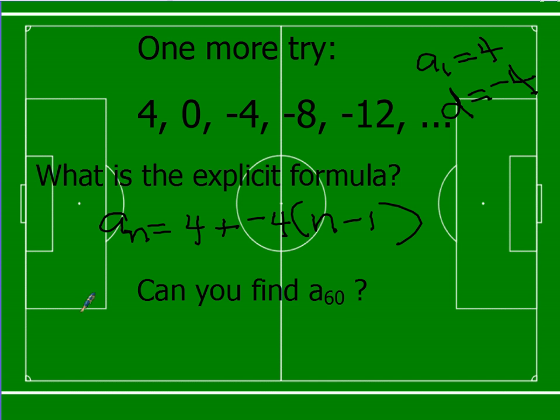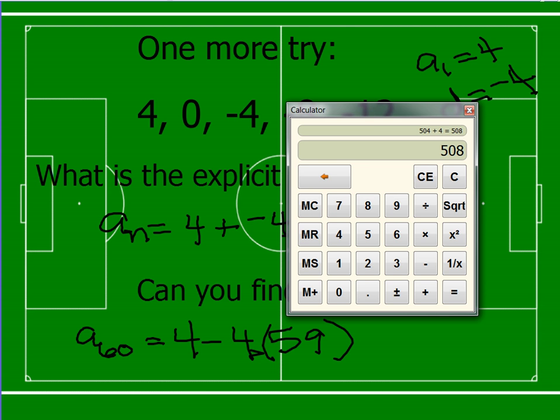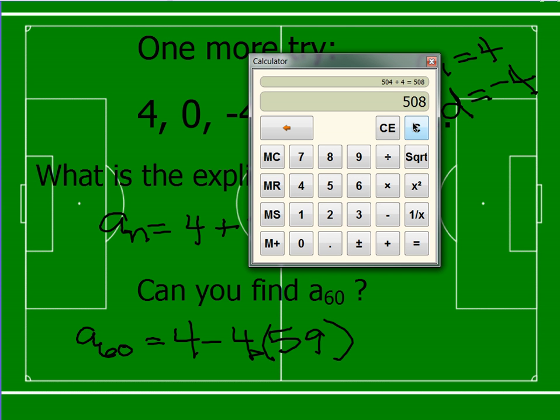If I want to find the 60th term in the sequence, then 4 minus 4 times 1 less than the term number, at this time would be 59. So when I bring out that calculator, let me clear off what I had before. I'm going to do 4 times 59.